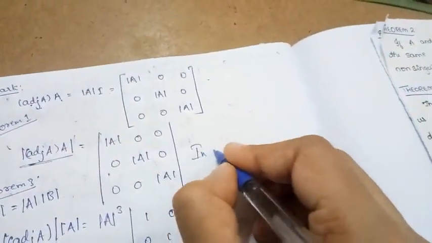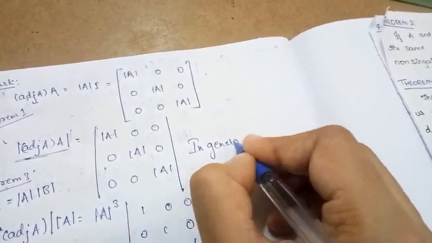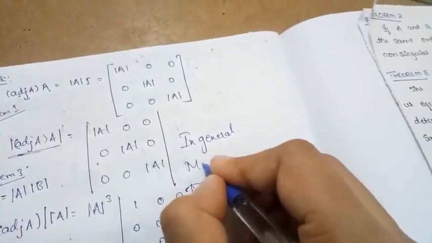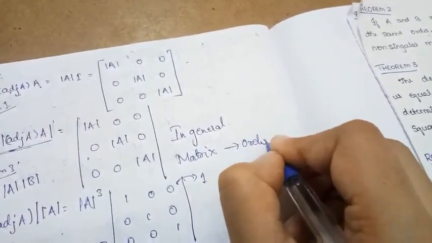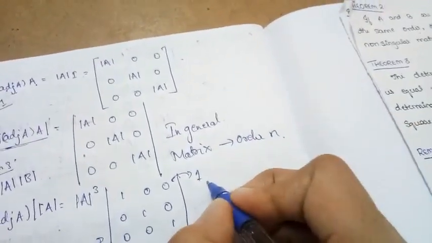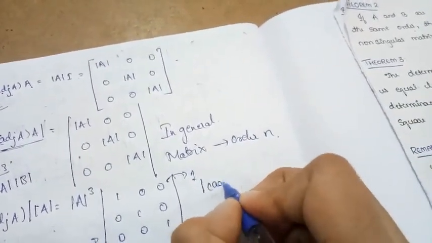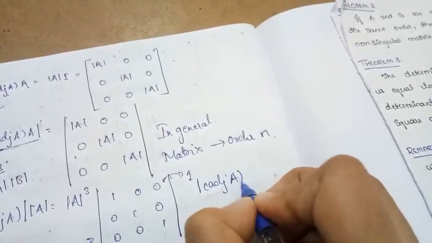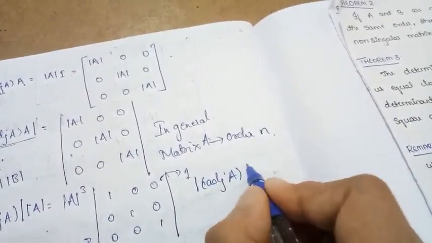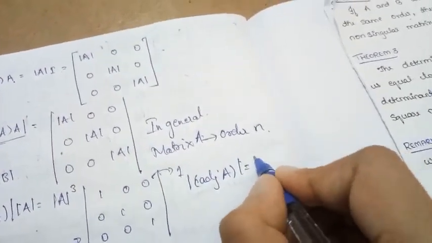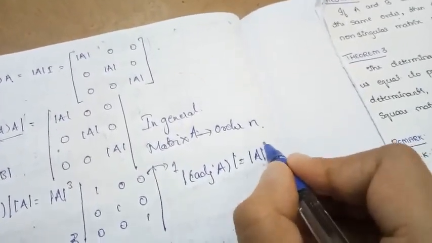In general, if the matrix A is of order n, then the determinant of adjoint of A is equal to the determinant of A to the power n minus 1.